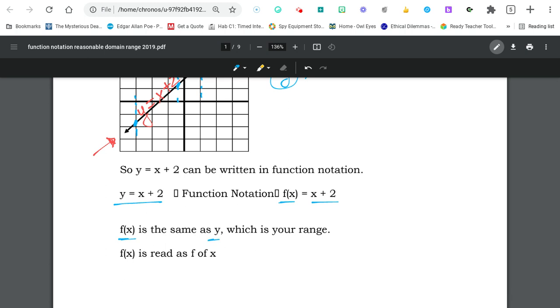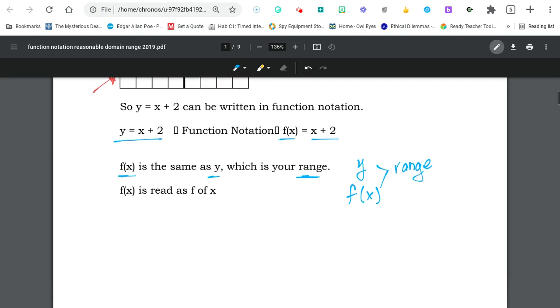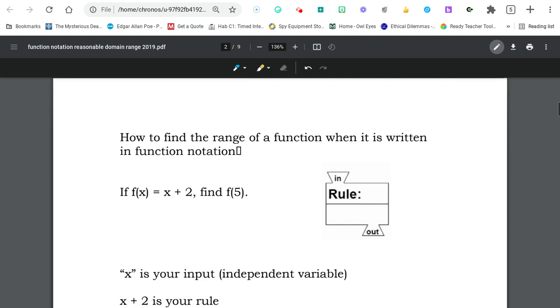Again, f of x is the same as y, and y is your range. So since y is your range and f of x is the same, then both of these represent your range. All right, so what we want to do is find the range.